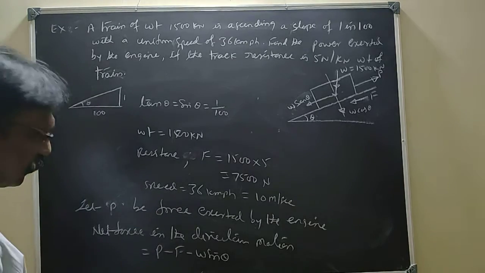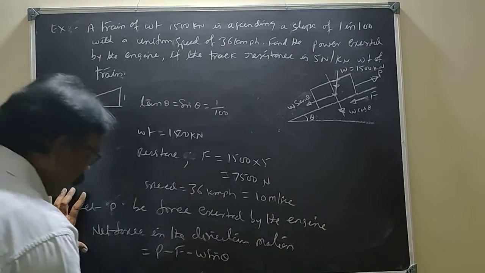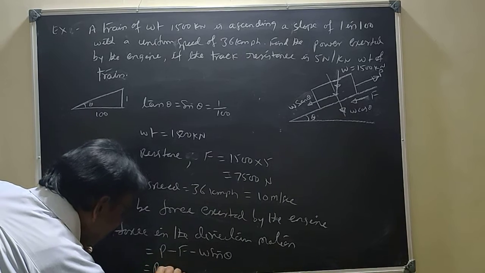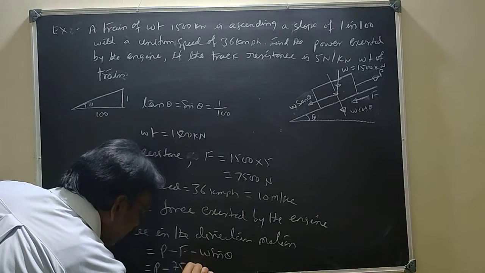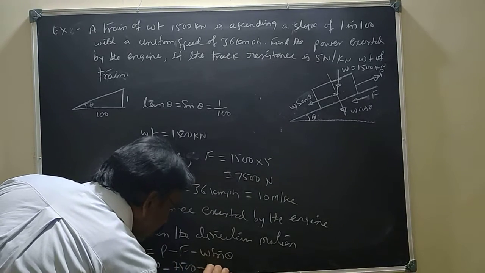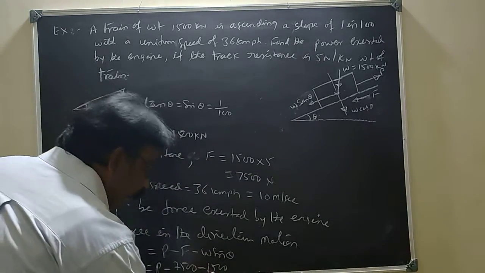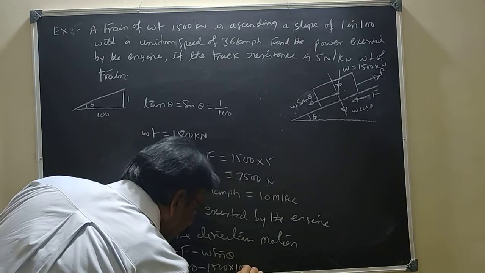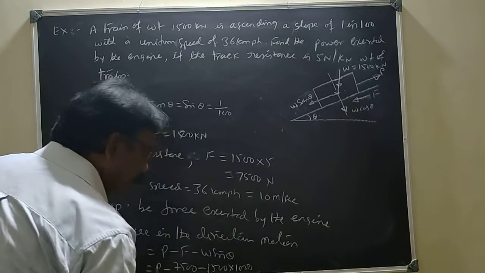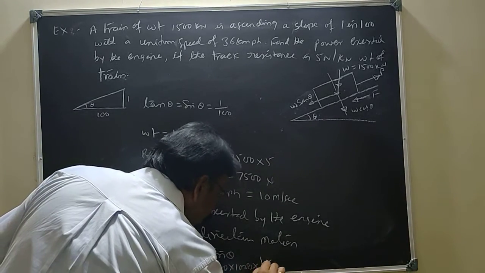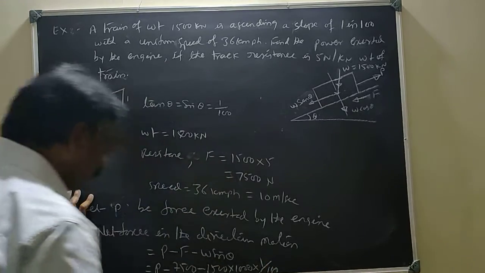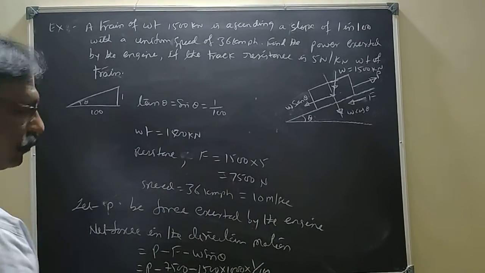So that means now you will find that the net force is equal to P minus 7500 minus W, which is 15 kilonewton, converted into Newton by multiplying with 1000, into 1 by 100, that is sin theta.